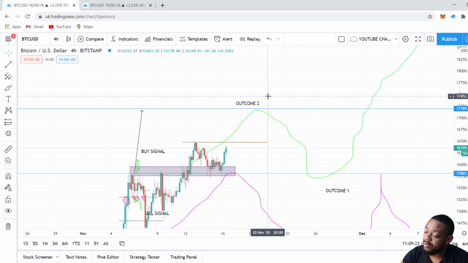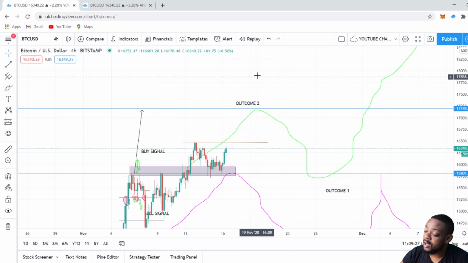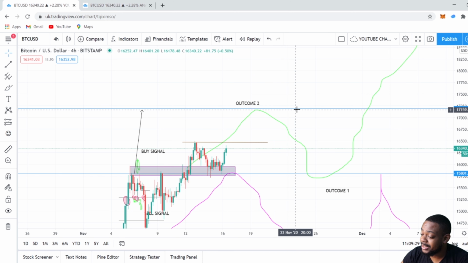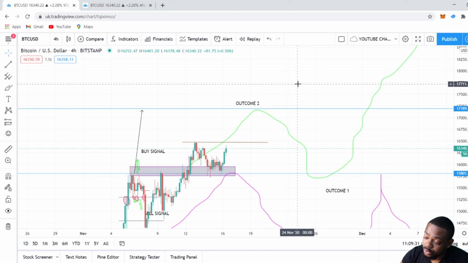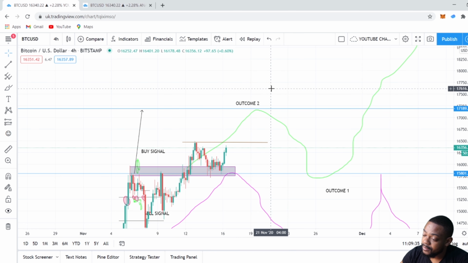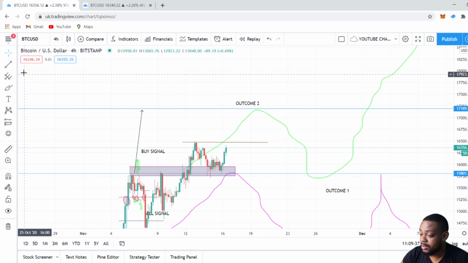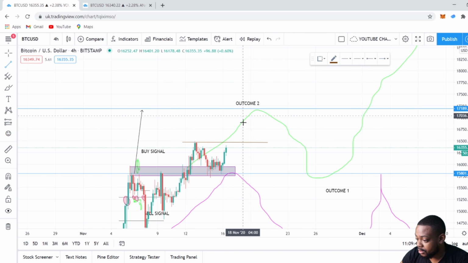If it forms a few candles above here, I will still watch to see it come back to retest this line. If it retests this line again and then continues to go up and breaks the previous high that was here, then okay. Let me do a small illustration.